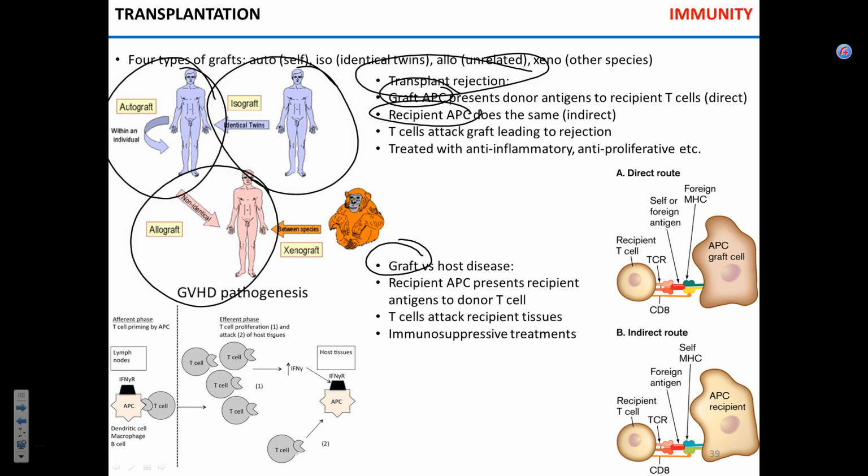And they think, oh, this entire body is our enemy. And they start to attack all the tissues. This is called graft versus host disease, when T cells of a donor attack the tissues of the recipient. The better the match, the less this disease is.